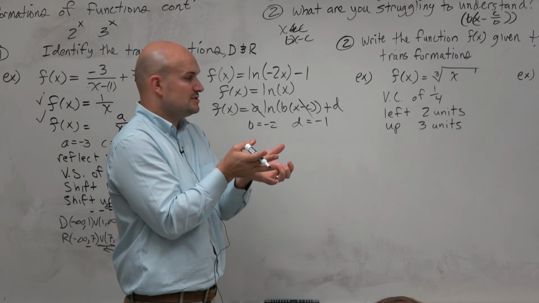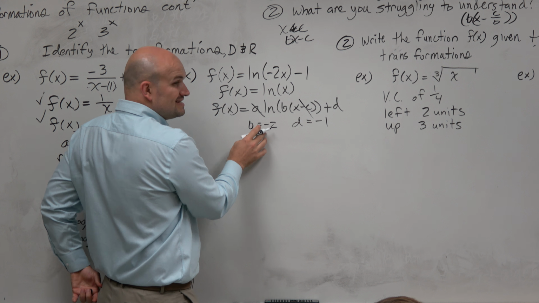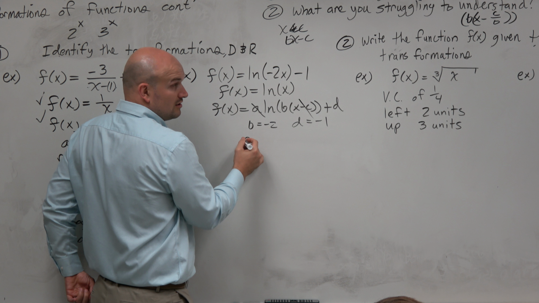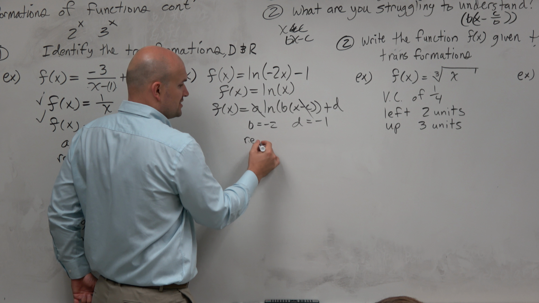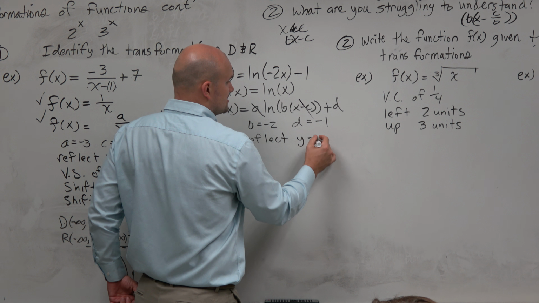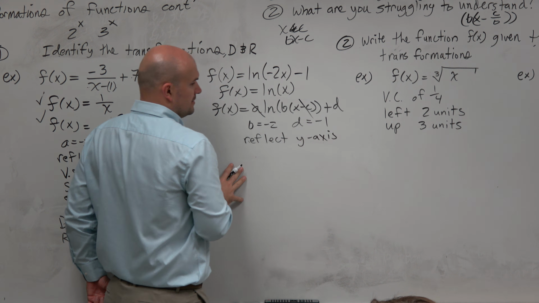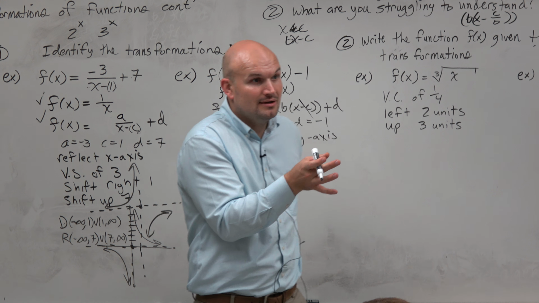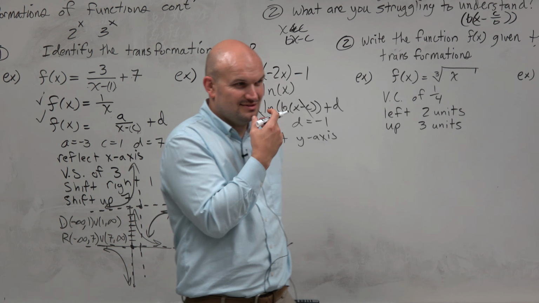So we go to our notes and say, if b is negative, what does that do to my graph? If b is less than 0, that means it is a reflection about the y-axis, horizontal. The absolute value of b, if that's greater than 1, does anybody remember that? It's all in your notes.